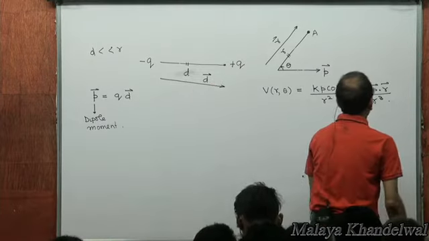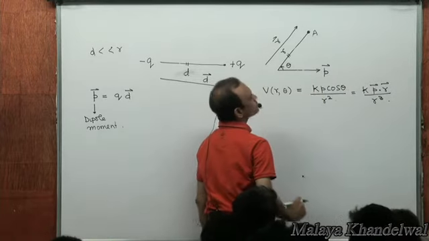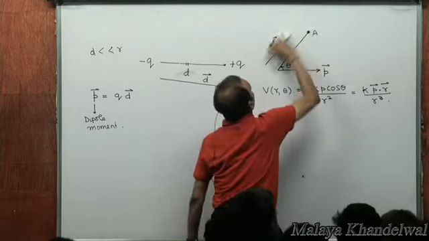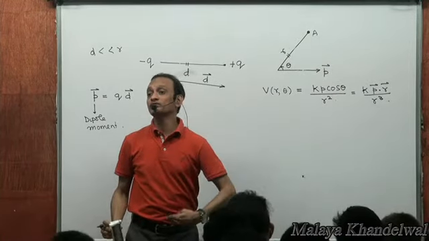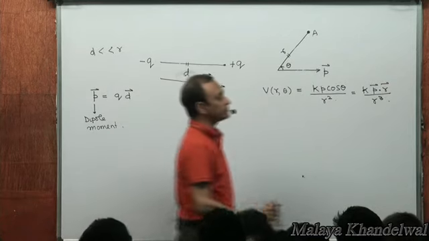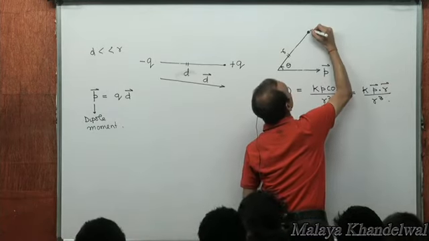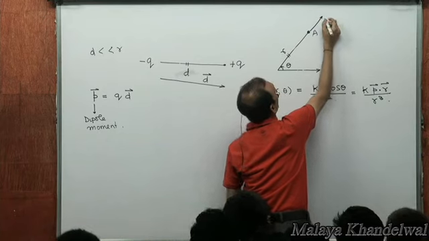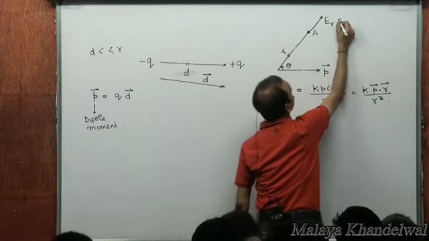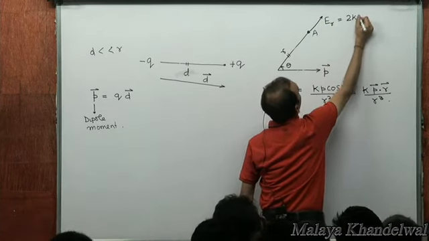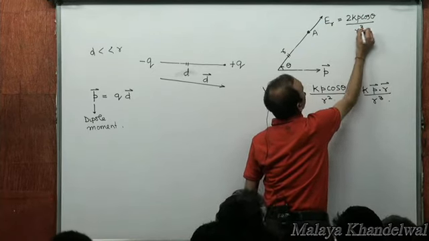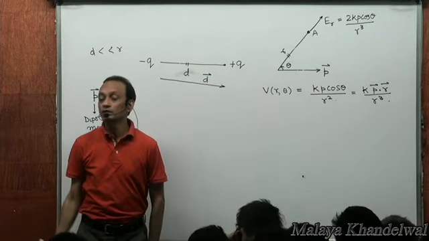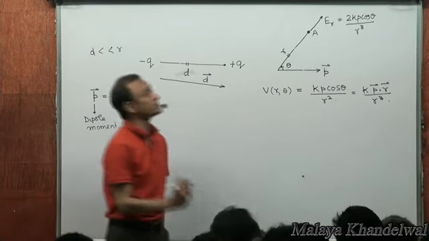This arrangement produced an electric field at A in the radial direction and an electric field in the tangential direction. The component of the electric field in the radial direction, Er, was 2 Kp cos theta by r cubed.